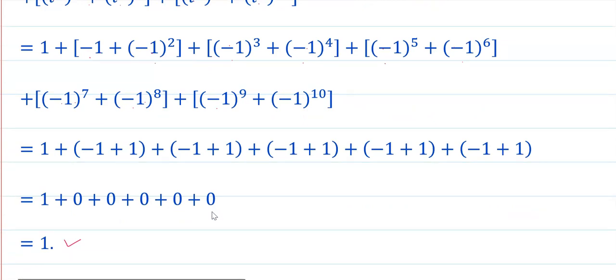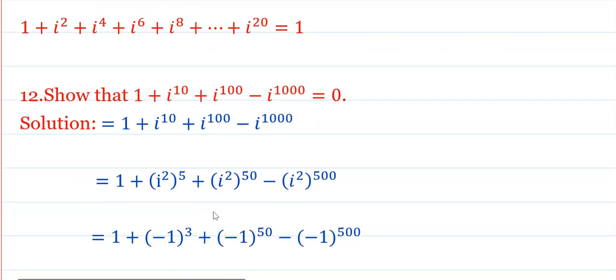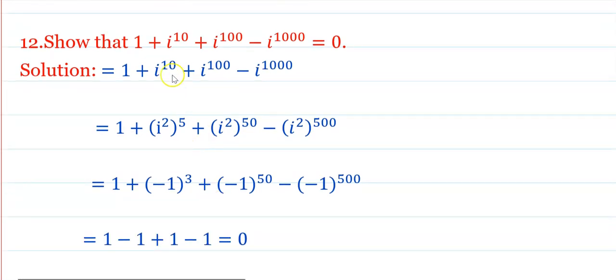The answer is 1. Now the next question. i raised to 1 plus i raised to 10 plus i raised to 100 minus i raised to 1000 is equal to 0. Again, i raised to 10 means i square whole raised to 5, plus i square whole raised to 50, minus i square whole raised to 500. i square means minus 1 raised to 5, plus minus 1 raised to 50, minus minus 1 raised to 500.